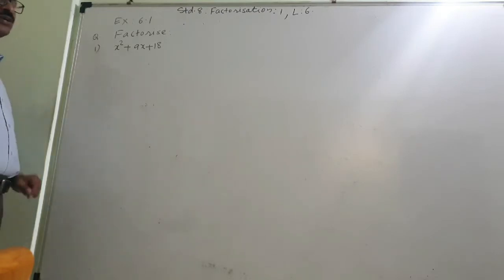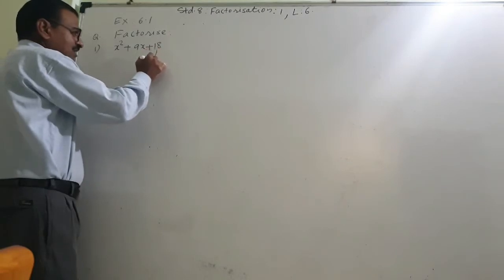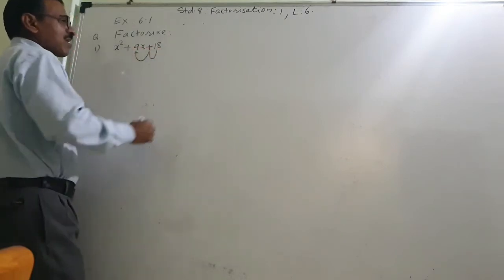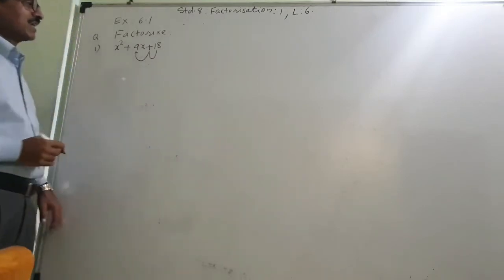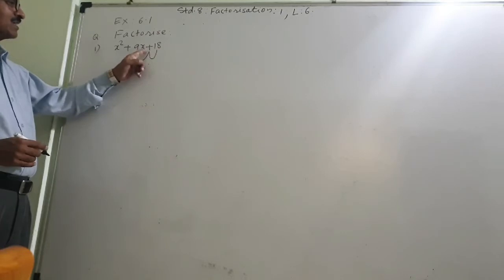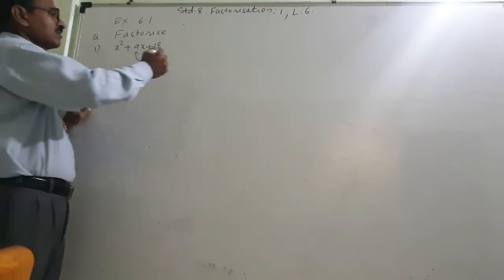In this, what we do is, we find the factors of 18 such that their addition is plus 9. See once again, find the factors of 18 such that their addition is plus 9. This you should know very well.